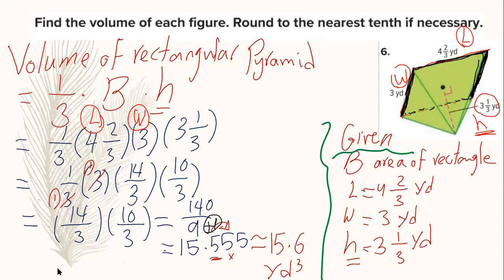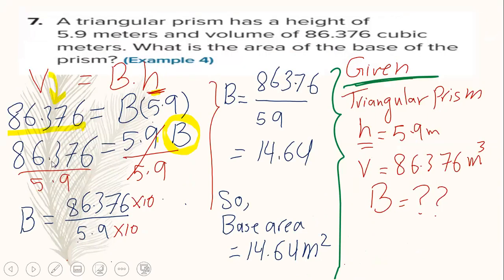Back to exercise 7 again. The given here is about a triangular prism. The height of the triangular prism is 5.9 and the volume is given, 86.376 cubic meters. We are required to find the base area.